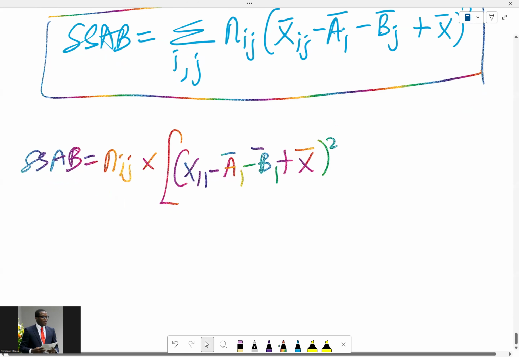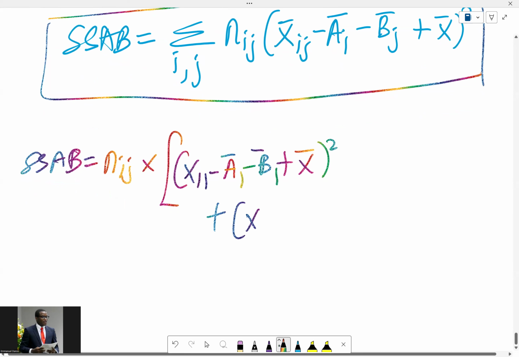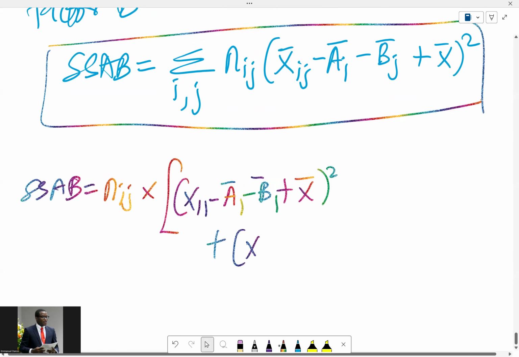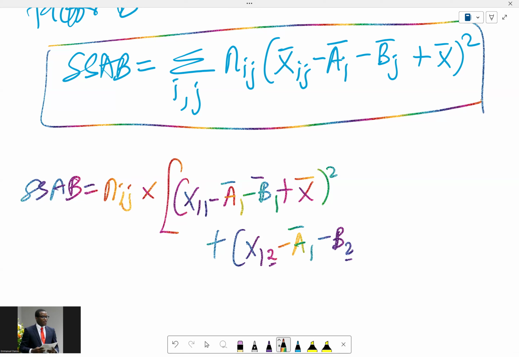That's the first layer. The second layer would be x12 bar minus a1 bar minus b2 bar, so you can see j is 2 now, plus x bar as usual.